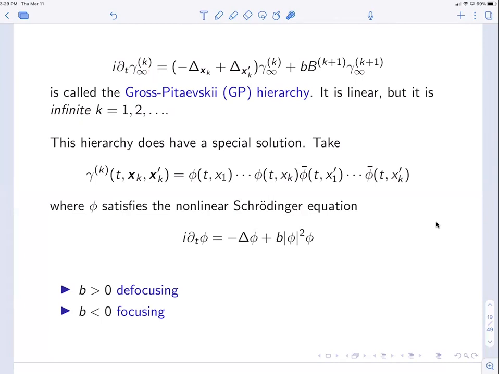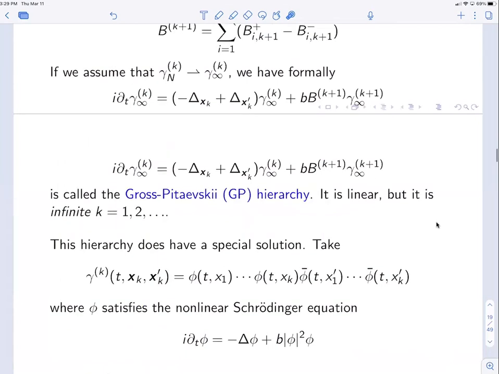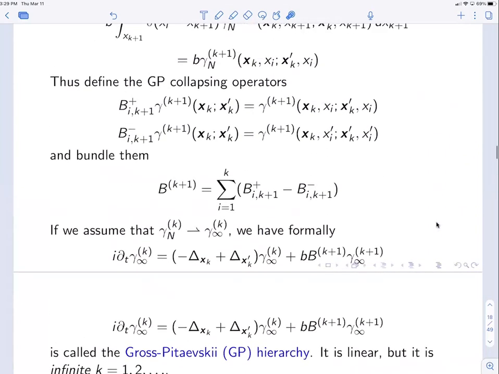It solves that equation. And that's just because this nonlinear term is capturing the effect of these Gross-Pitaevskii collapsing operators that we defined here, where certain components are being paired together.